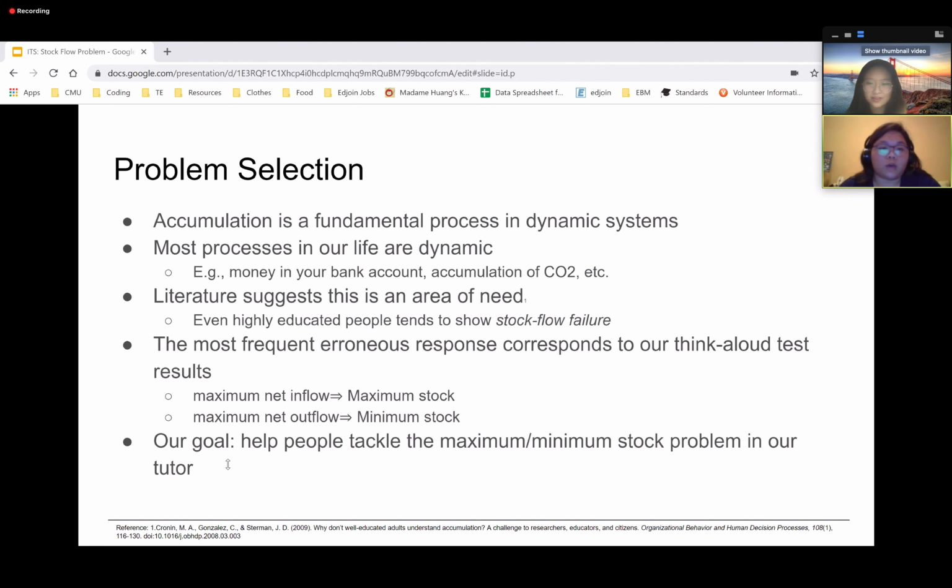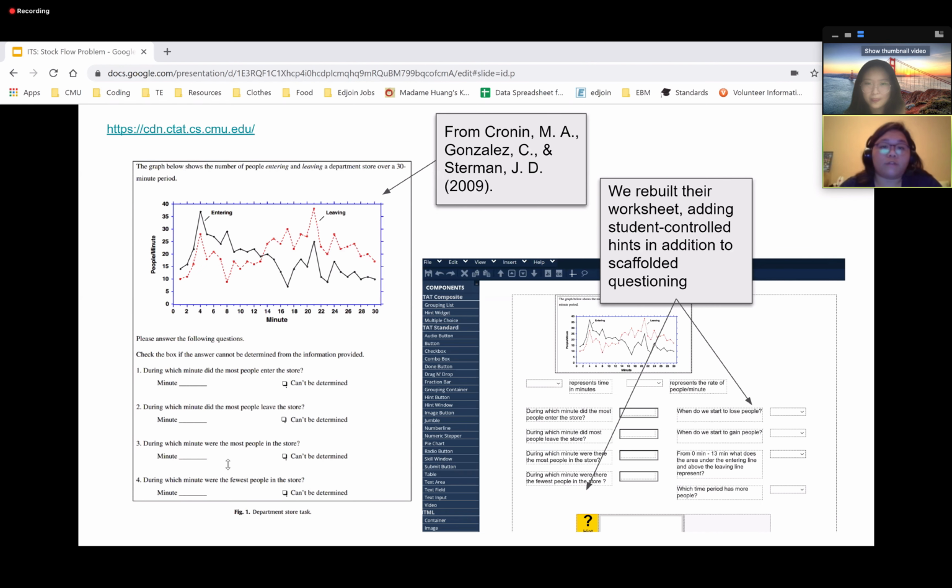Based on the article we read from Cronin, Gonzalez, and Sturman, we pulled their sample problems from the test of student understanding of stock flow. We redesigned this problem as a tutor, including scaffolding to help students understand how to read and interpret the problem. The biggest changes we made were that we excluded the option of can't be determined, as well as adding a few additional questions.